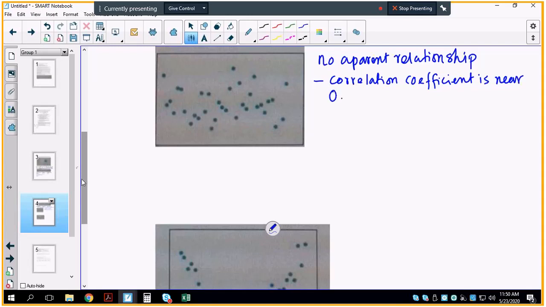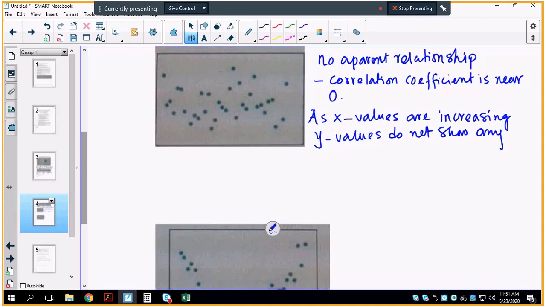And finally, we will talk about what happens with the values of x increasing in the increment or decrement of y. Well, there is no pattern, so what I get to say is, as x values are increasing, y values do not show any particular linear pattern.